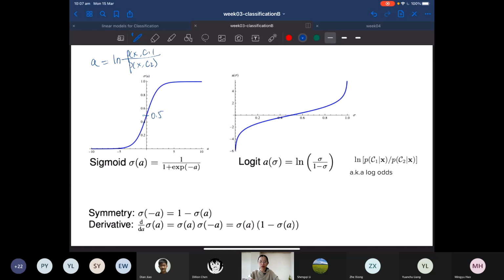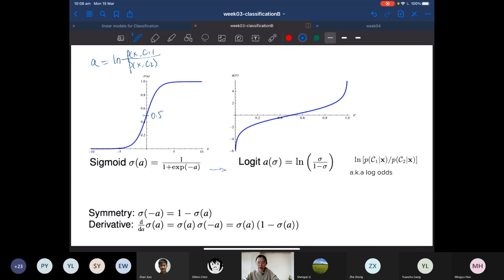When the ratios are equal, the sigmoid function is the most uncertain, and when A is big, the joint of x and C1 is large and the sigmoid of A approaches 1. It's not just the sigmoid function itself that is interesting, its inverse is also interesting. If we do the manipulation, it's easy to verify. I'm not going to do it here.